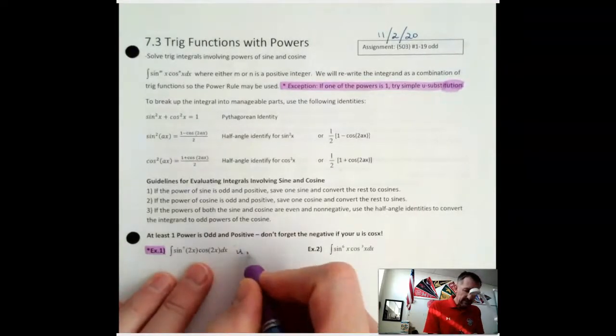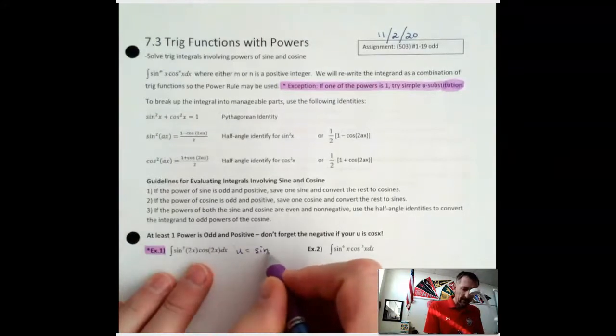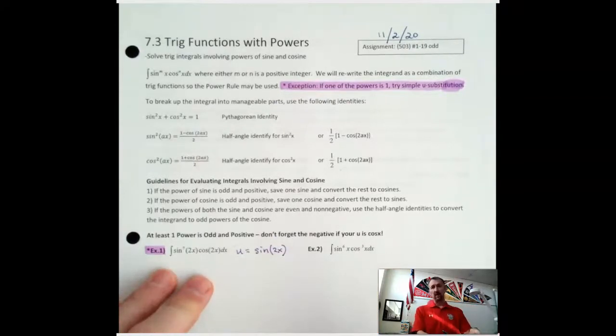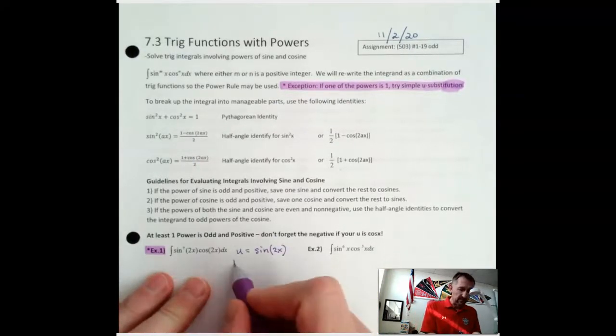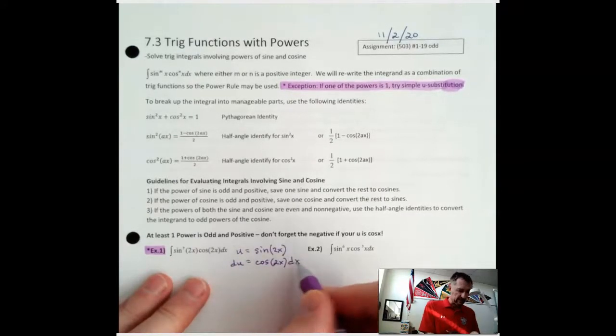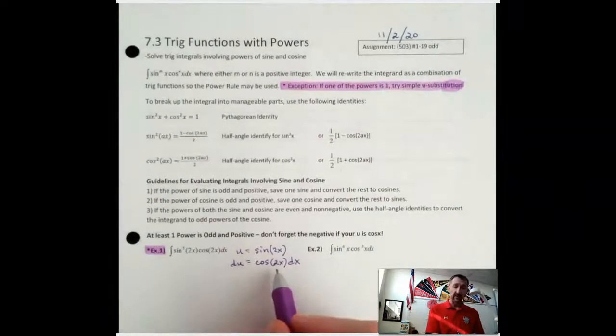So if we let u be the sine of 2x, and you think about what happens there, then if we take the derivative of both sides, we get du equals cosine, and now hopefully it's pretty clear. Chain rule though, almost messed that up.